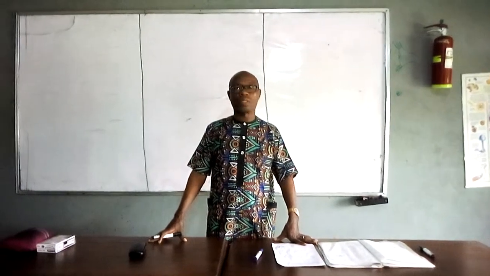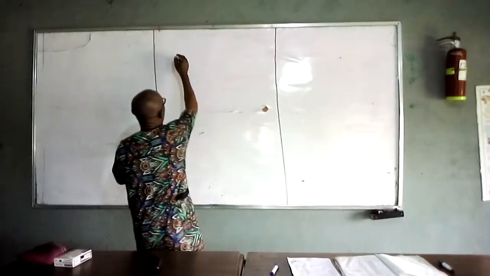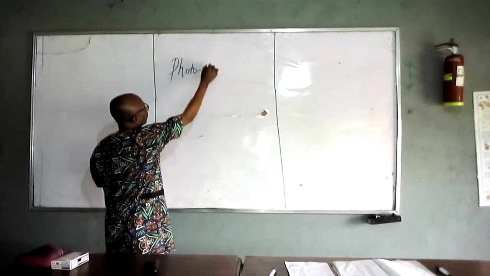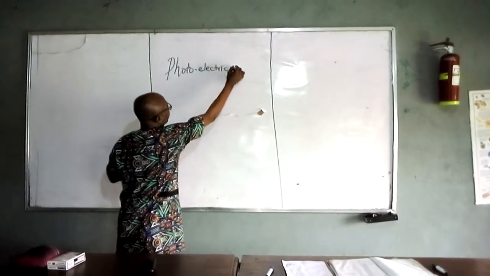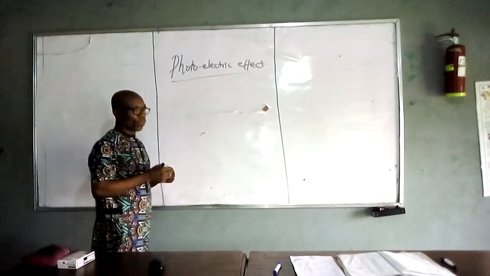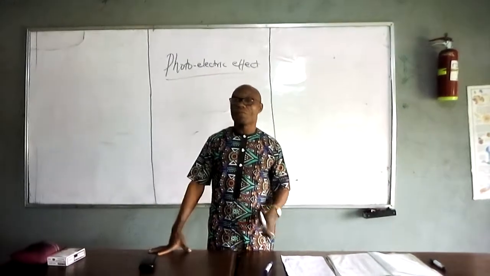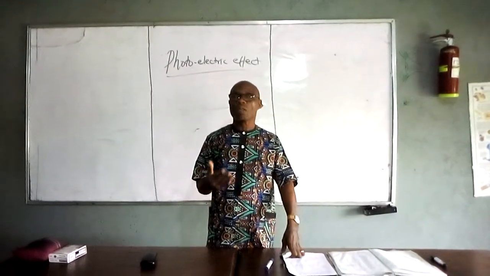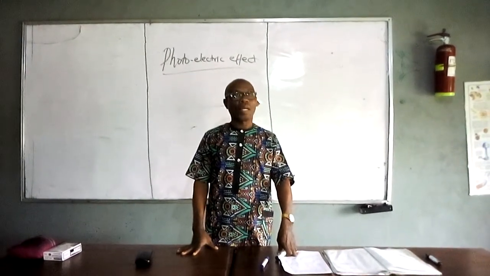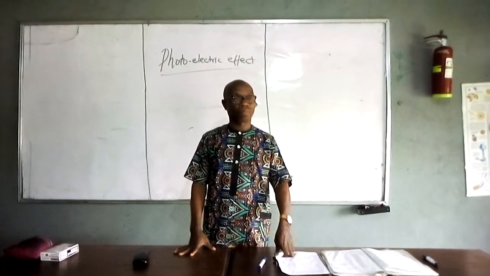Our topic today is the photoelectric effect. The photoelectric effect is the process of liberating electrons from the metal surface when light of sufficient frequency falls on it.